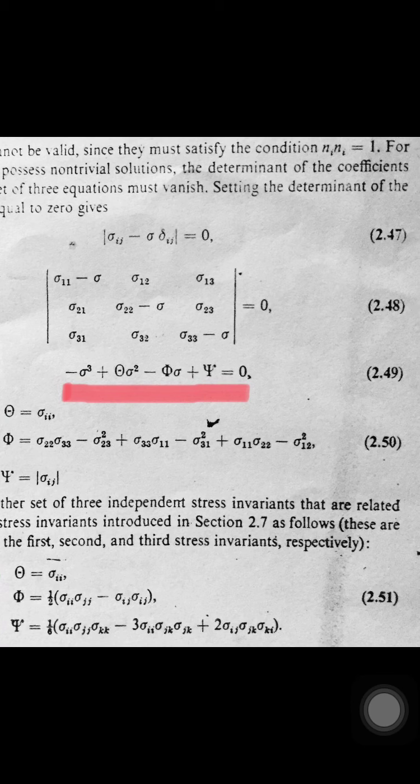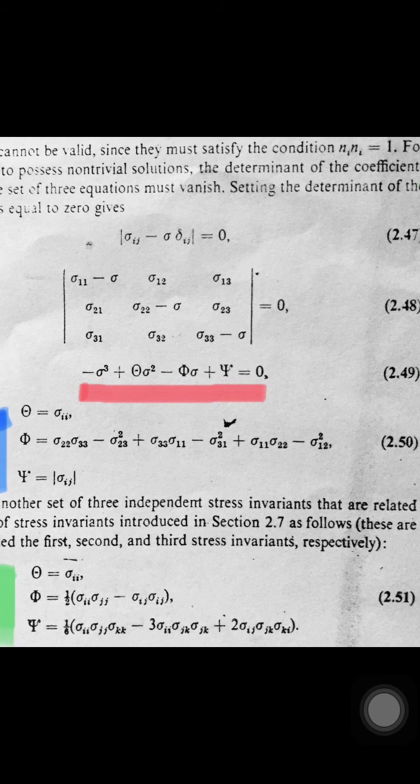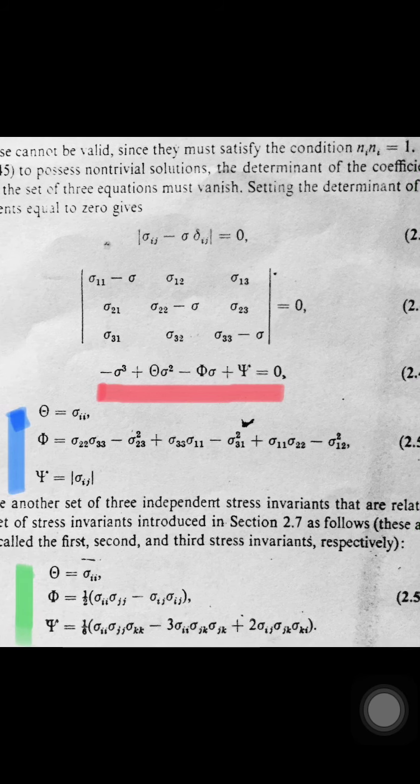What is the value of theta_h? Nothing but the terms all containing the same i indices, like sigma_ii, meaning the terms sigma 11, sigma 22, sigma 33 all come under the umbrella of theta_h. That is the coefficient of sigma square.